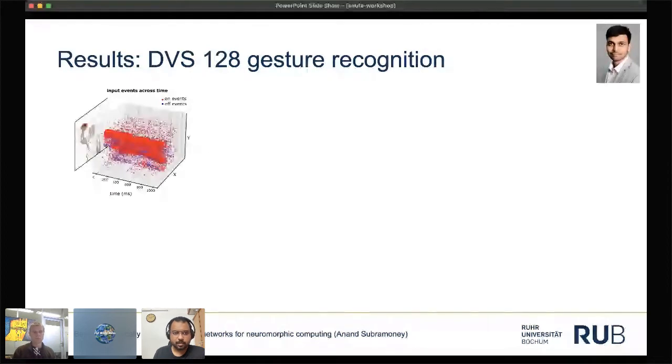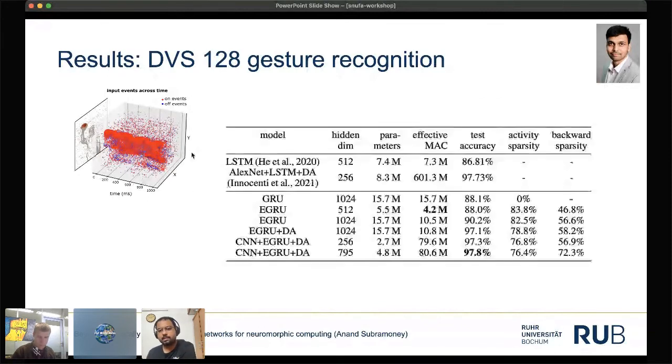This is an example of a data point where a person is waving their arm, which is the gesture, and this is converted by the DVS camera into a sequence of on and off events over time. With our EGRU, we show that we can beat all the models, including non-spiking models. We didn't really compare it with spiking models because they're quite far behind for this particular task.